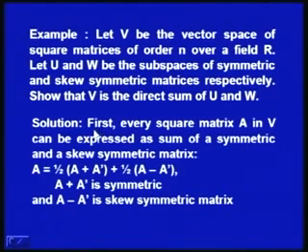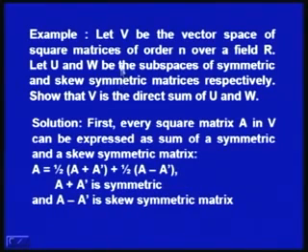Now, to prove this, we first observe that every square matrix A in V can be expressed as the sum of a symmetric and a skew symmetric matrix, and that means we can in fact write A as half (A plus A transpose) plus half (A minus A transpose). In this we have established that A plus A transpose is symmetric, while the matrix A minus A transpose is skew symmetric. So, matrix A in V can be expressed as a sum of a symmetric and a skew symmetric matrix.